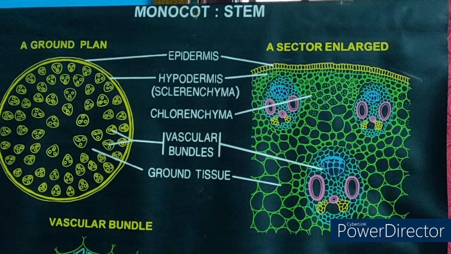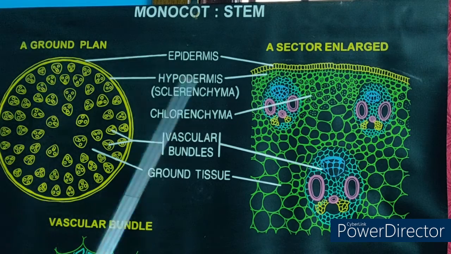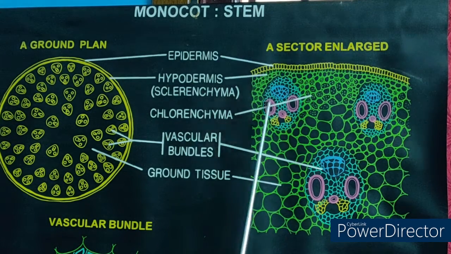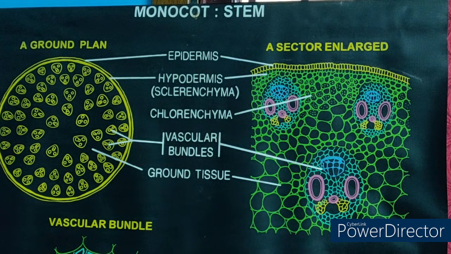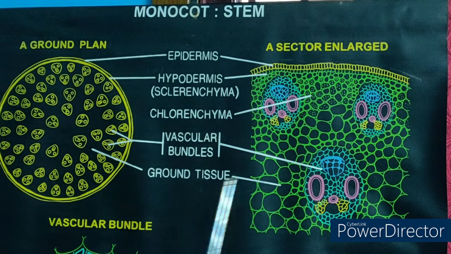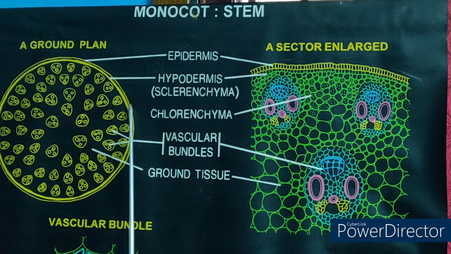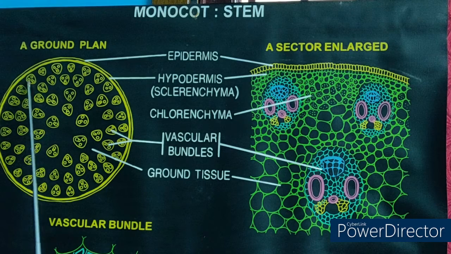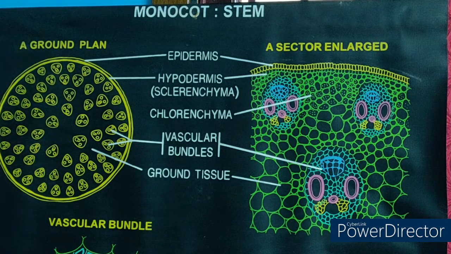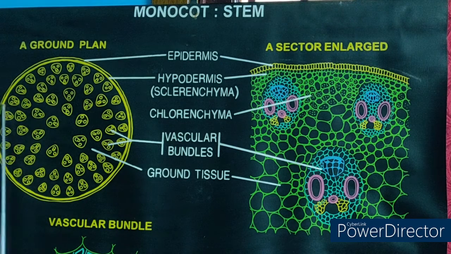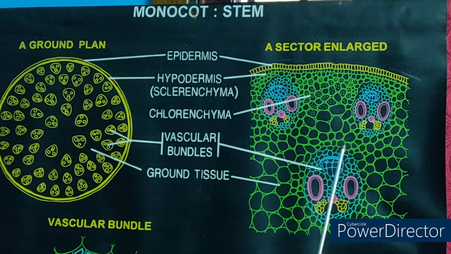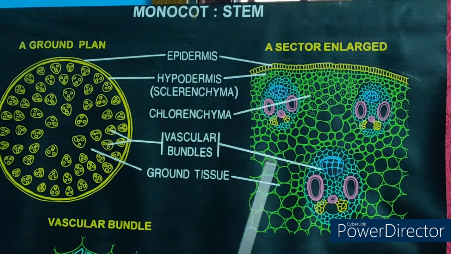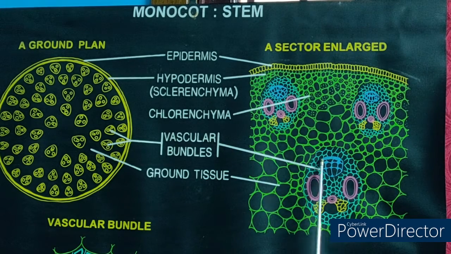Again I repeat, the vascular bundles, first of all, are scattered all over the ground tissue. Second, you come across a skull-shaped structure. Each vascular bundle is like a skull. And third, they are conjoined. Conjoined means from the periphery, each vascular bundle is at a particular radius, comprising both xylem and phloem. Next is collateral. Collateral means you have one layer of xylem and one layer of phloem.